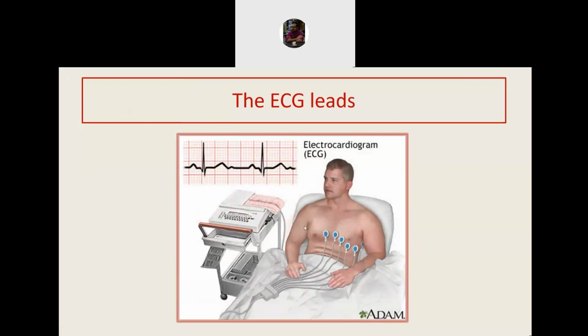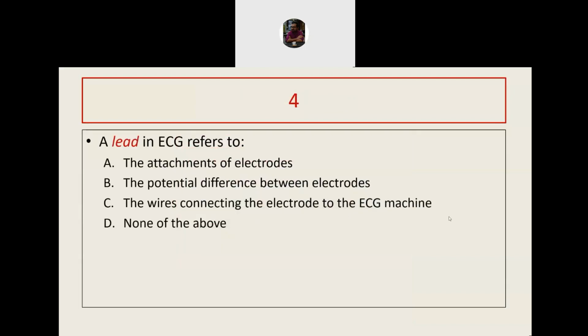So see, these are the surface electrodes that are attached to different parts of the body. So when we talk about leads, try to answer this question. What does lead in the ECG refer to? Okay, we'll come back to this answer.